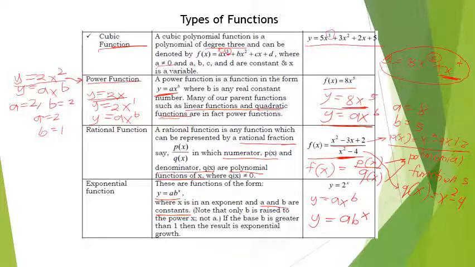Dito sa power function, yung x natin hindi naka-raise, yung variable x. Pero kapag nasa exponential function na, yung x natin magiging exponent na, yung variable x. Kaya ba yung dalawang yun? For example, y equals 2 raised to x.